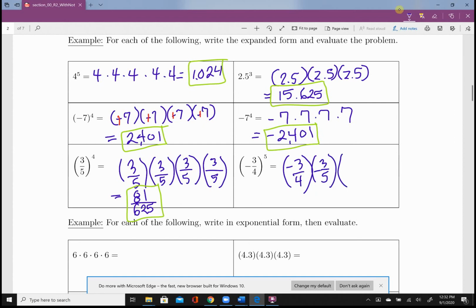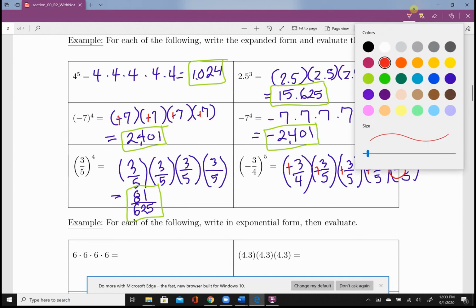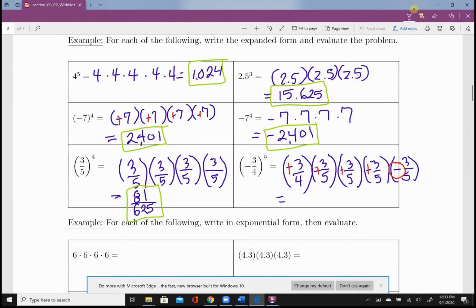And notice that all of these factors are individually negative. They will cancel out in pairs, but since there's an odd number of them, there's going to be an extra one left over. So here, these cancel out, but we're left with this one. So ultimately the final answer will indeed be negative.